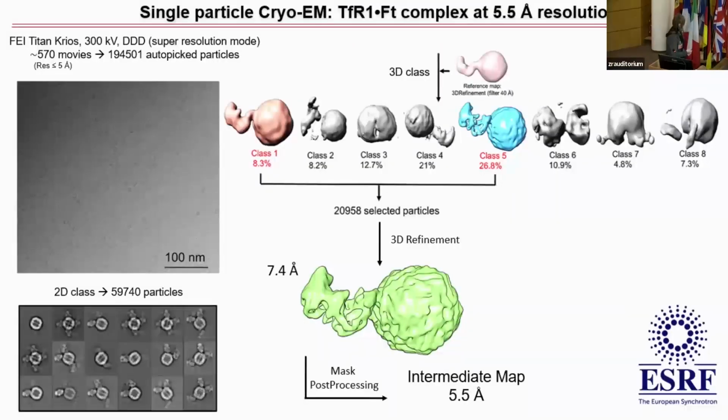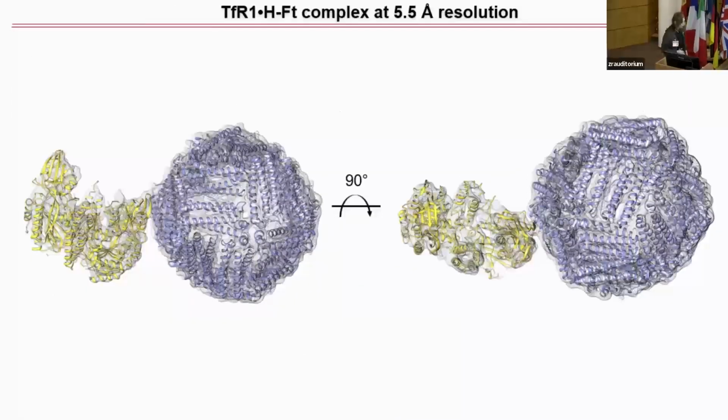And then you see your beautiful 2D classes, and you're very happy because you're directly seeing alpha helices and whatever. So it's moving as an image for me. And then you look for the 3D classes that make sense, and you get intermediate maps, and then you refine. And at the end of the day, you get your structure.